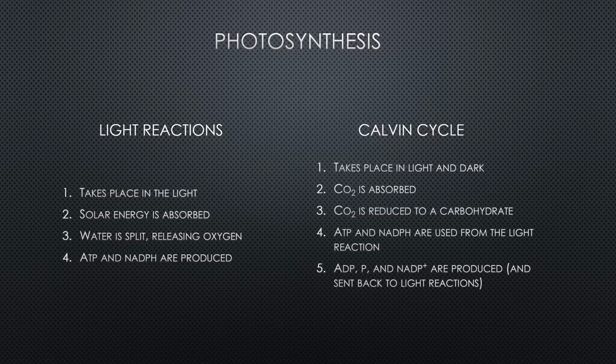ATP and NADPH are used from the light reaction that we talked about a minute ago. And once that's used, then ADP and phosphorus, as well as NADP plus, are produced. And those are sent back to the light reaction to continue the process. So now let's delve into the Calvin cycle, since we've already talked a lot about the light reactions.